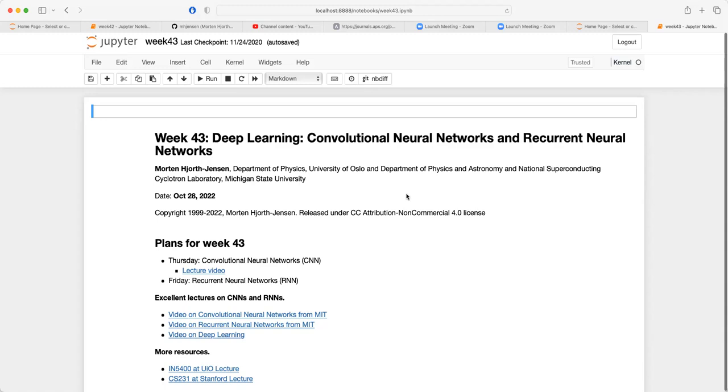If you want to, you can do it, but normally what we recommend is that you use the application programming interface Keras, which interfaces well with TensorFlow. For those of you who plan to take the imaging course in machine learning, IN 5400, you will normally use PyTorch, which is another programming environment for deep learning.